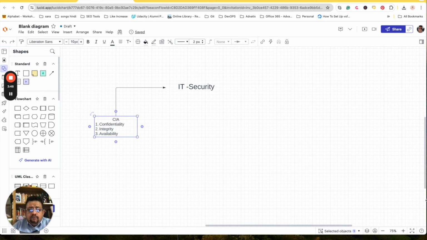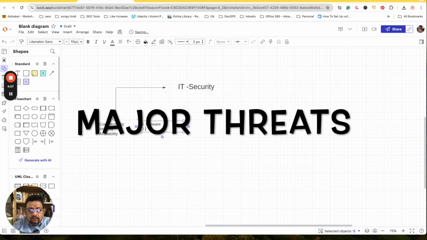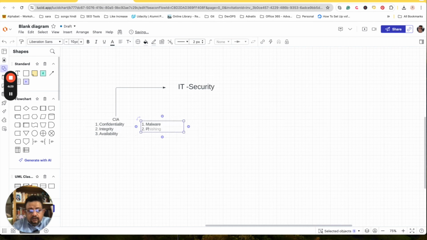Now, what are the common threats to IT security? Very basic. We are not going to deep dive into that, but it is required to understand: one, malware; two, phishing attacks; and three, man in the middle attacks.